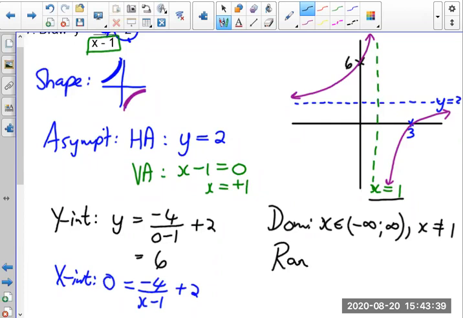And the range comes from minus infinity to positive infinity. So it's again y element of minus infinity to positive infinity. Remember, if you use the infinity signs, you must use a round bracket. And you must remember to exclude the asymptote that starts with a y.